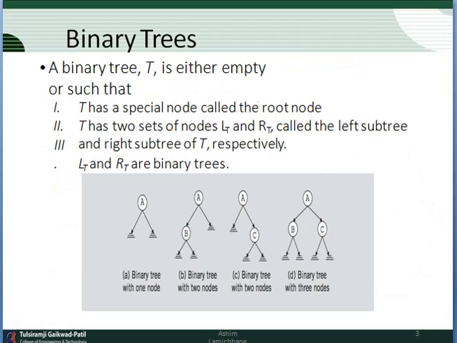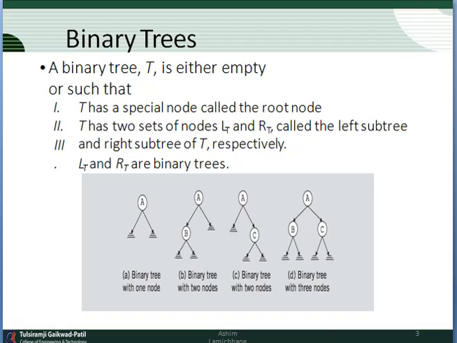A binary tree is a tree which is either empty or satisfies three conditions. T has a special node called the root node. T has a set of nodes LT and RT, where LT stands for left tree or left subtree, and RT stands for right tree or right subtree, called the left subtree and right subtree of T respectively.